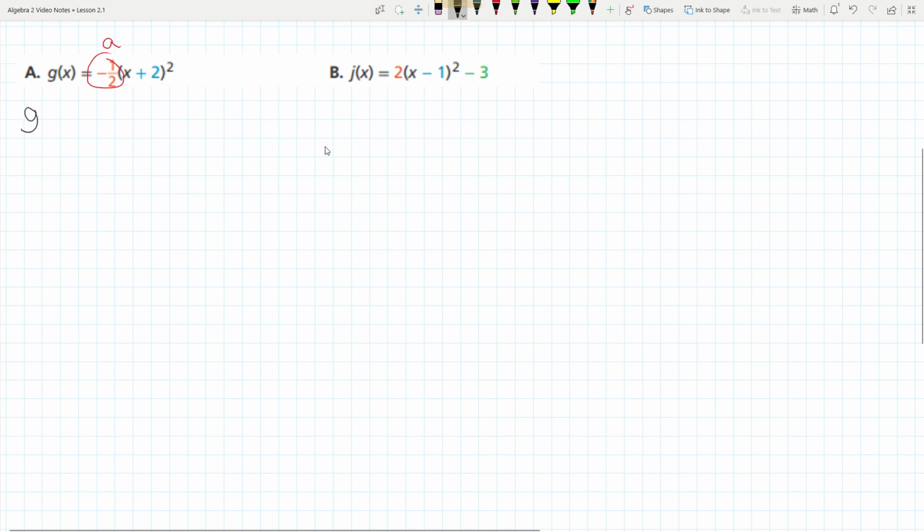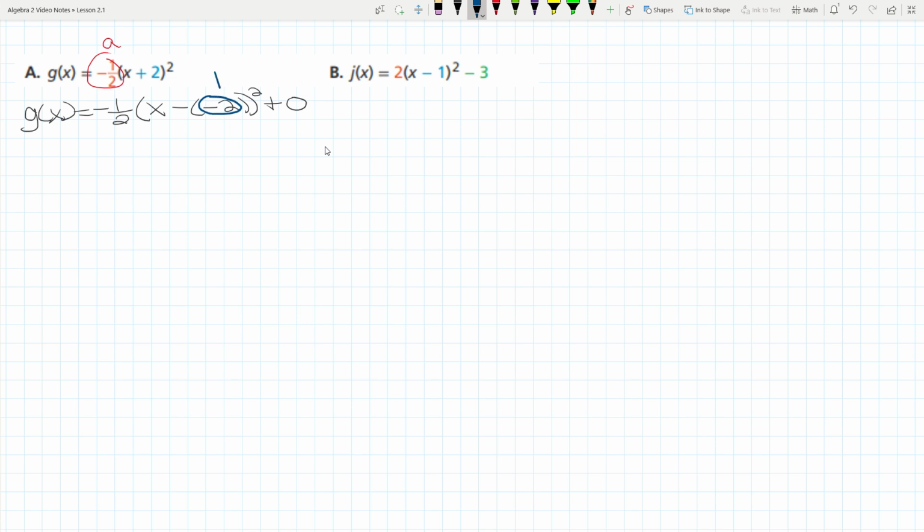So we got g of x equals -1/2 times x minus -2 squared plus 0. All right, so the reason I rewrite this way is because now we got 2 negatives which make a positive, right? And we can identify what h is. So in this case, h is -2.